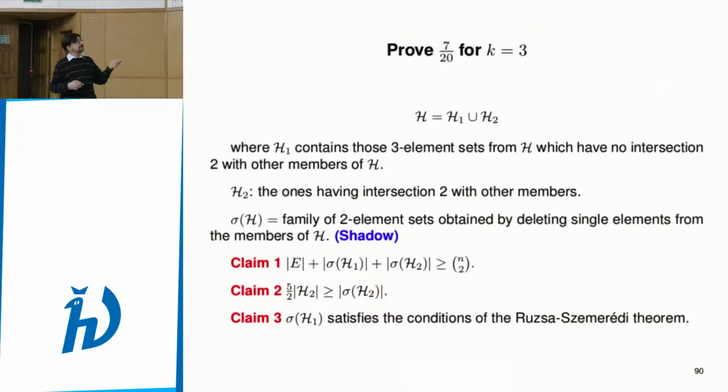So in this inequality, this is negligible because it satisfies the Ruzsa-Szemerédi theorem. So the number of edges is little o of n squared. So we can forget about this. And here we can replace this by this.